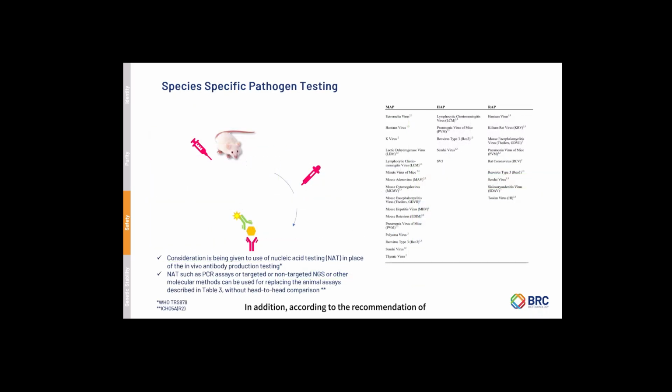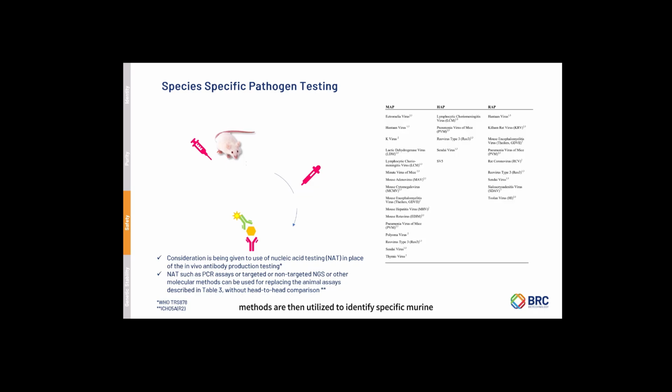In addition, according to the recommendation of ICH Q5A(R2), we employ mouse and hamster antibody production tests to detect specific murine virus. The test articles are inoculated into mice or hamsters, followed by collection of blood from the treated animals.